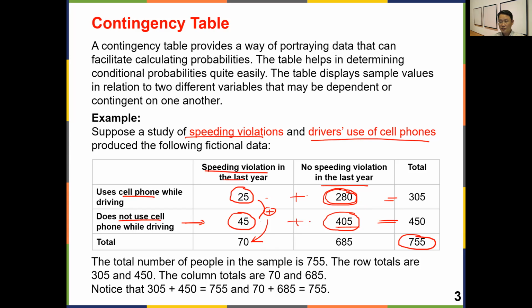And if you're just interested in how many of them did not get the speed violation, you just add these two, and that's what you get. So this 755, you can either get this by adding these two together, or you can get this by adding these two together. So this contingency table gives us all kinds of information regarding these two topics, speed violation and cell phone use, right?